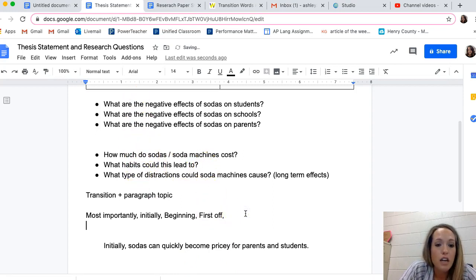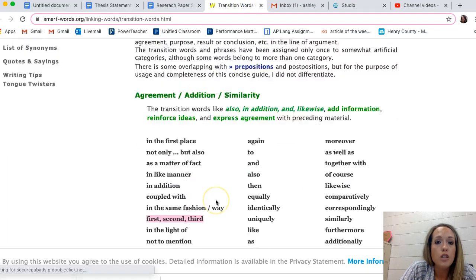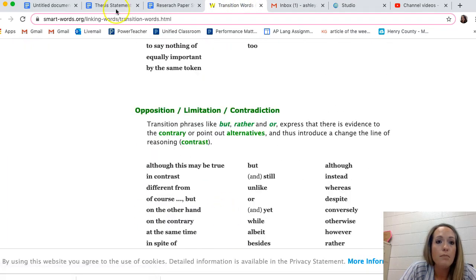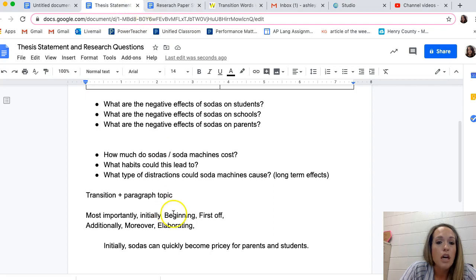Now, for my second topic sentence, what habits could this lead to? First off, I need another transition word. I could say additionally. I could say moreover. I could say elaborating. Or I could go back to my transition page and come up with some different options. But I'm just going to go with moreover.